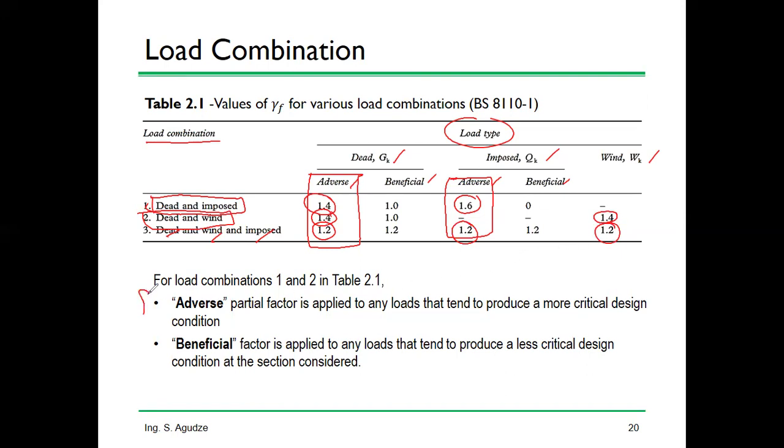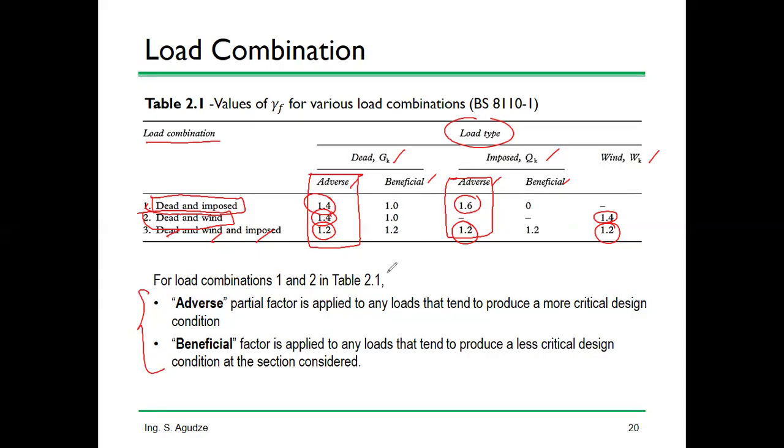And you can see some information: the adverse partial safety factor is applied to any loads that tend to produce a more critical design condition. And the beneficial factor is applied to any loads that tend to produce a less critical design condition at the section considered.